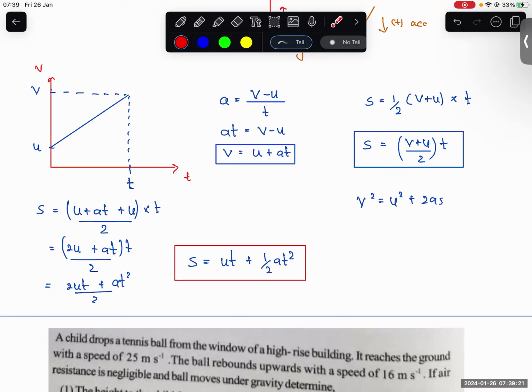Just tell me that. What parameter is not there in this equation? Time. Time is not there, no? So you have to substitute something for the time somewhere. Where?